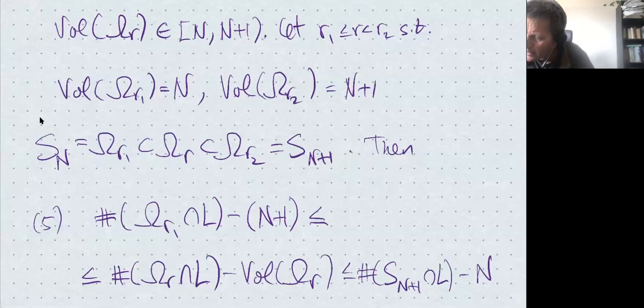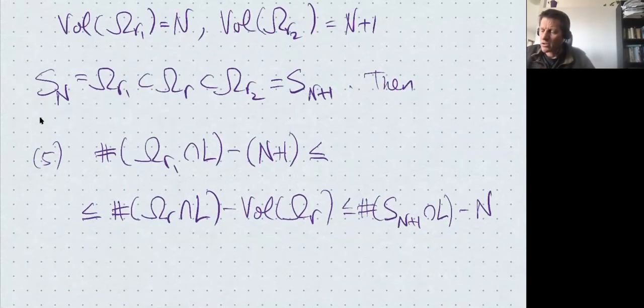On the other hand, the volume of omega R is between n and n plus 1. So n plus 1 has a minus sign in front. So if I replace n plus 1 with the volume of omega R, I'm also making things larger. And similarly in the other direction. So I just use the opposite inequalities in the other direction.